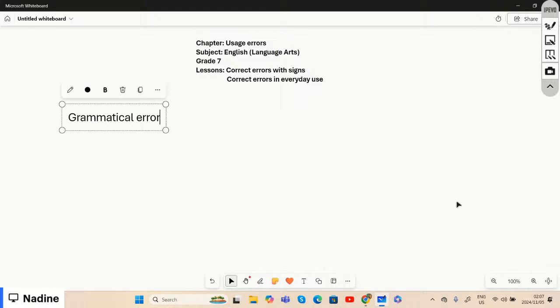So once again, usage errors are grammatical errors that you either find within signs or on signs, and it's an instant fault that we will be able to see or pick up.